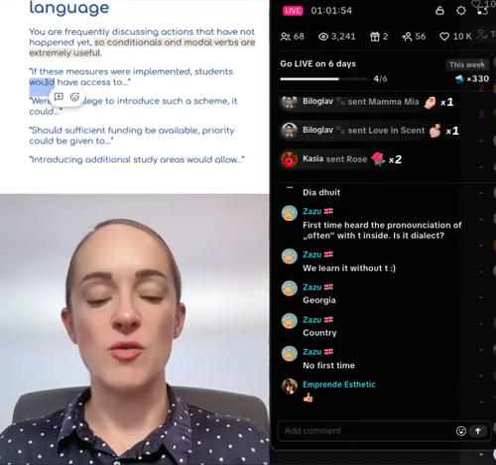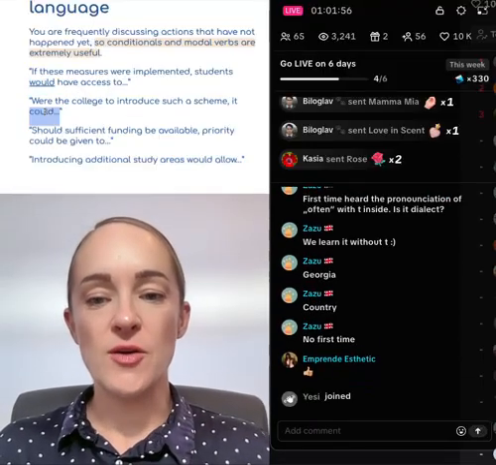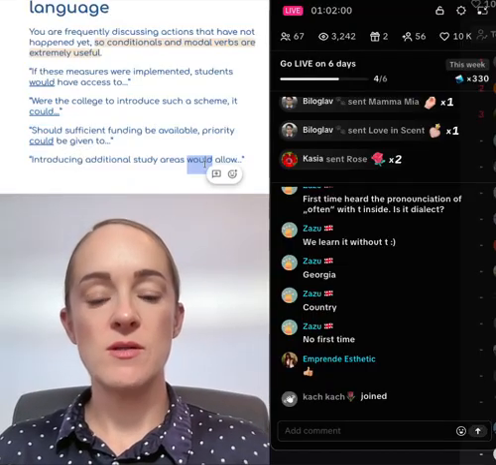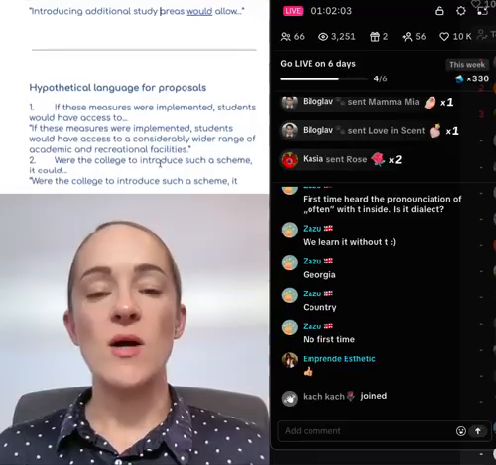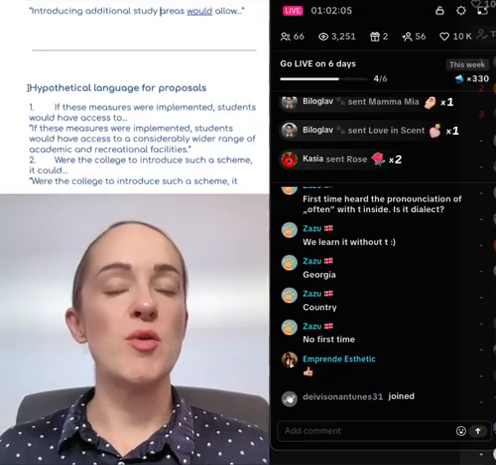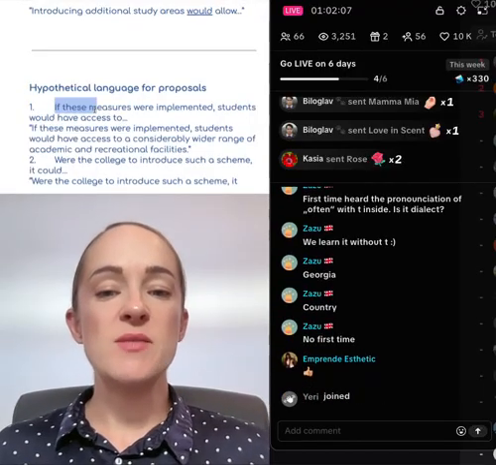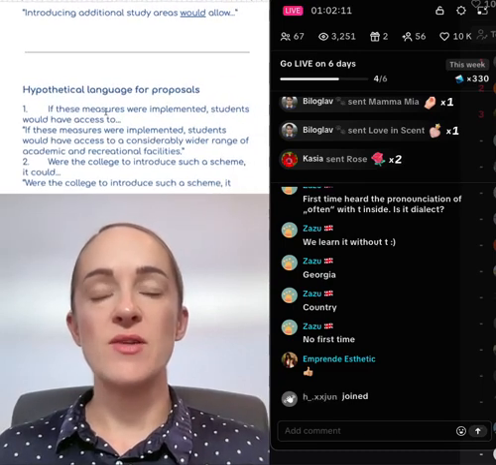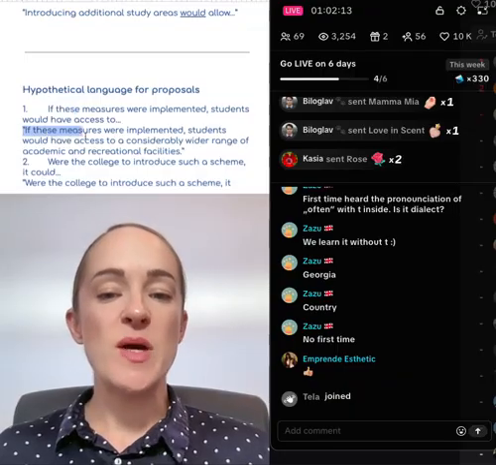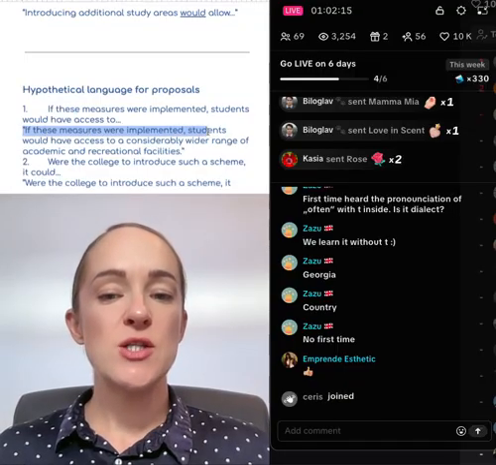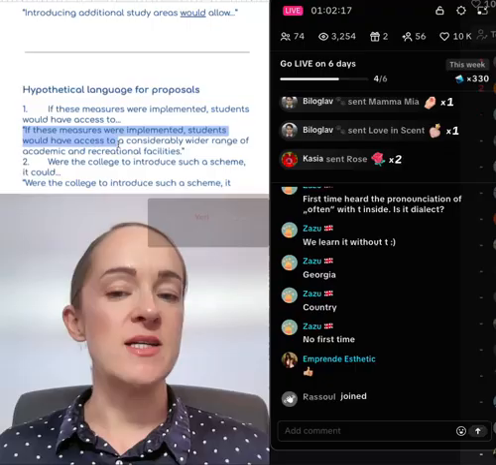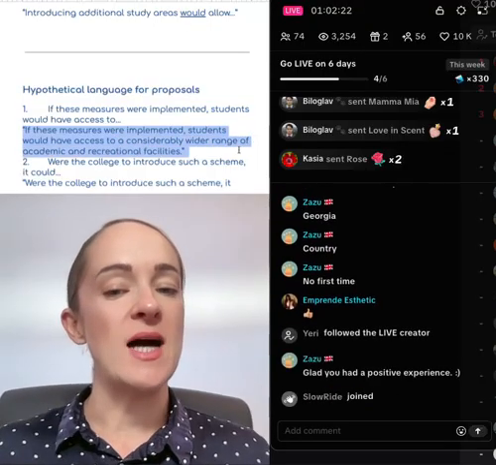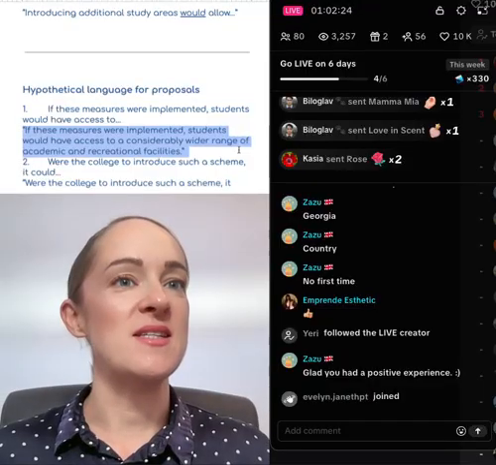Okay, so here you have your modals, could, and would. Now, hypothetical language for proposals. I'm just going to read my example directly to save a little bit of time. If these measures were implemented, students would have access to a considerably wider range of academic and recreational facilities.